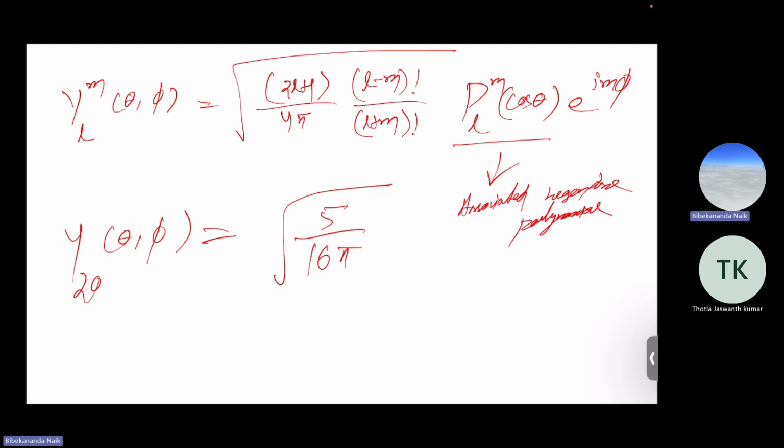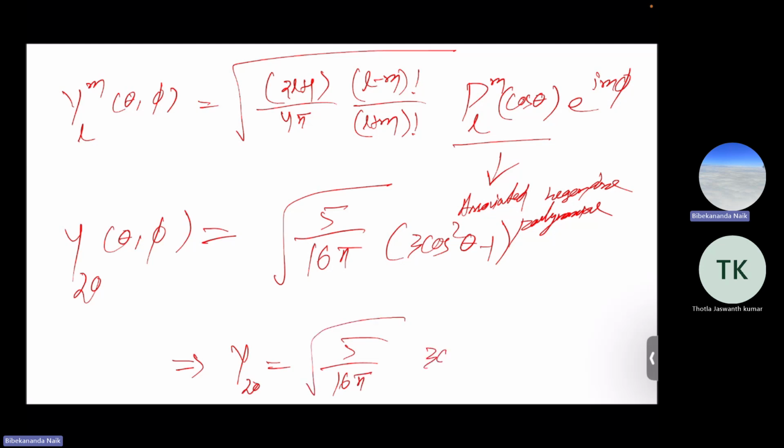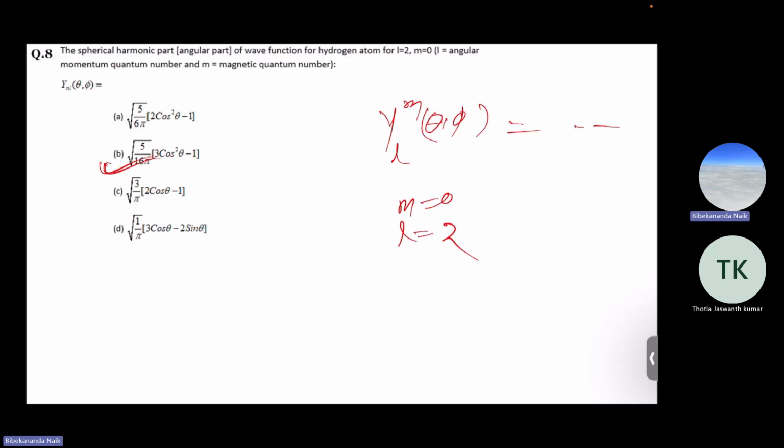So it was 5 by 16 pi, and e to the power 0 will be 1 only. P_lm(cos theta), the associated Legendre polynomial, will be 3 cos square theta minus 1. So Y20 will be root over 5 divided by 16 pi times 3 cos square theta minus 1. So the correct answer is option B.